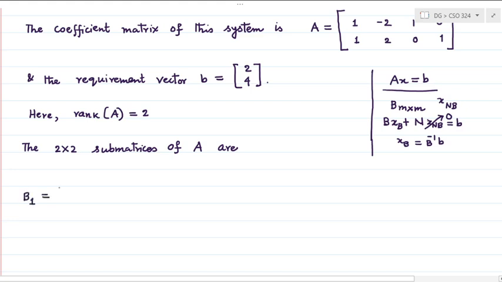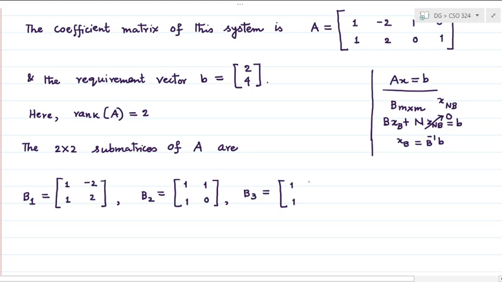Those are the matrix B1: you choose the first column with the second column. Then B2: the first column with the third column. B3: the first column with the fourth column.